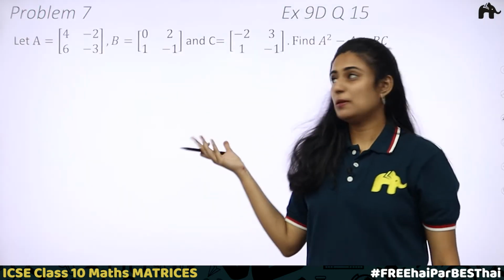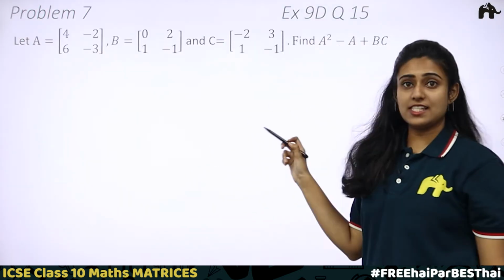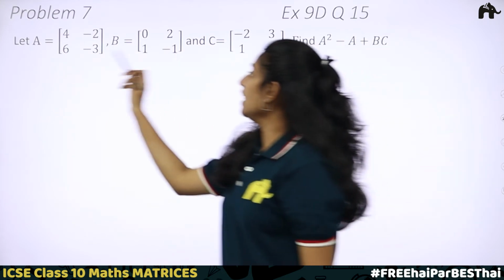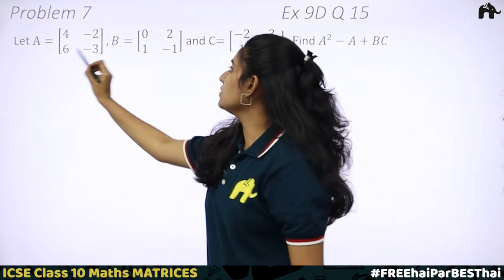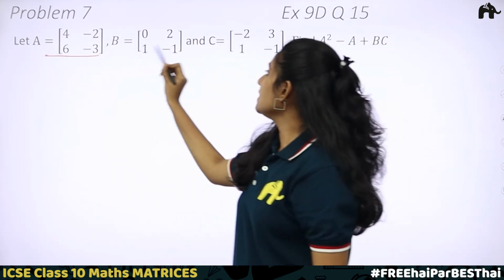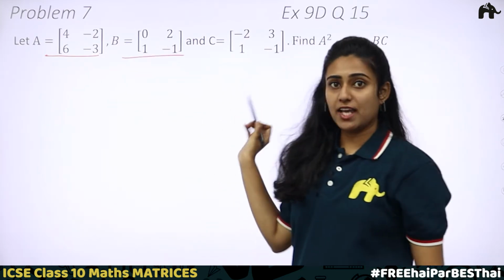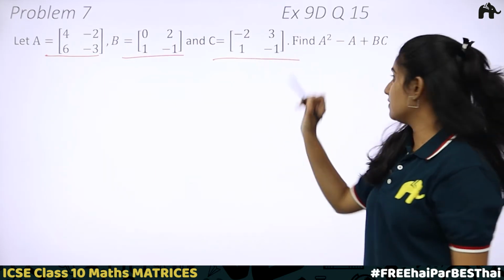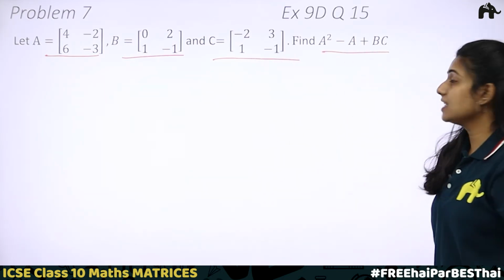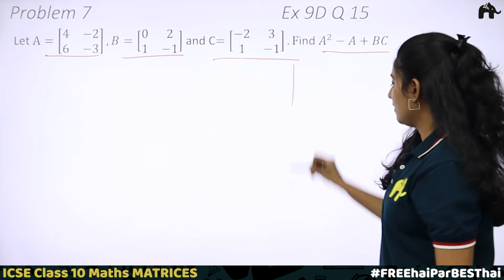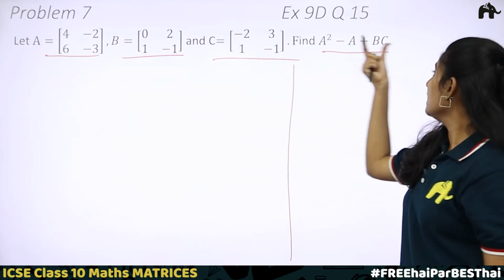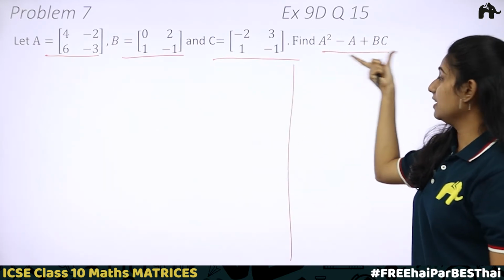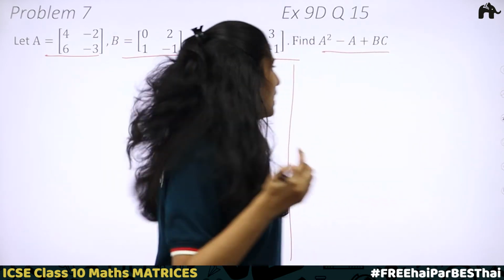Understood? Next, problem 7, question 15 of exercise 9D. Let A be equal to [4, -2; 6, -3], B equal to [0, 2; 1, -1] and C equal to [-2, 3; 1, -1]. Find A square minus A plus BC. We have to separately find A square and BC. After that, we can find A square minus A plus BC.